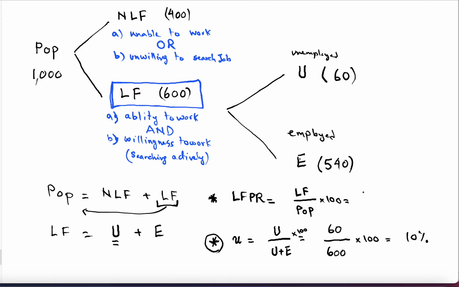In our equation, 600 labor force out of a population of 1,000 people. So we have 60%.